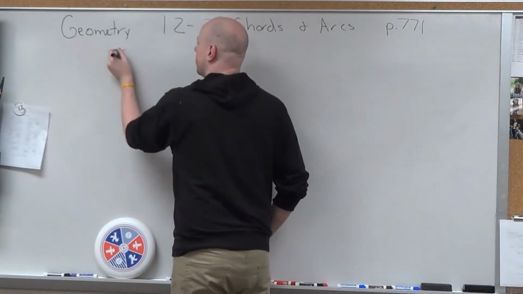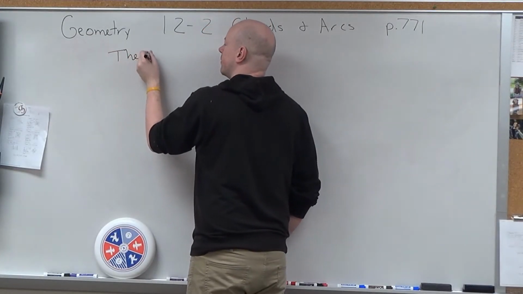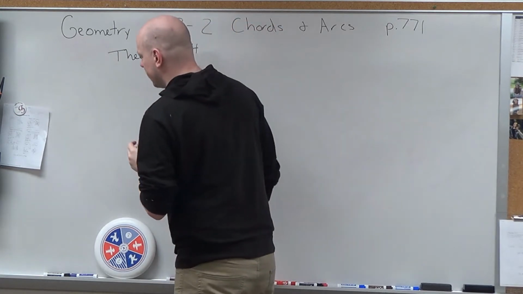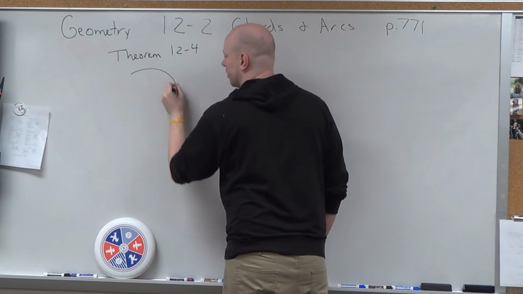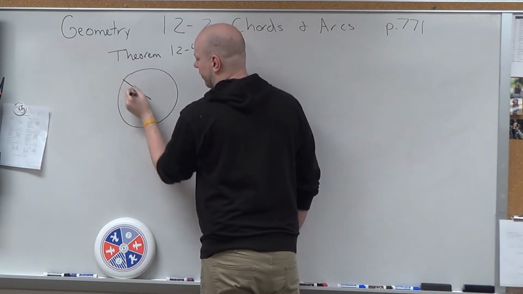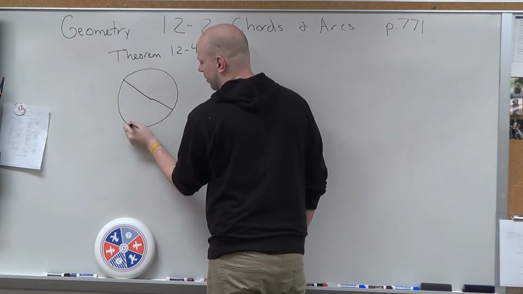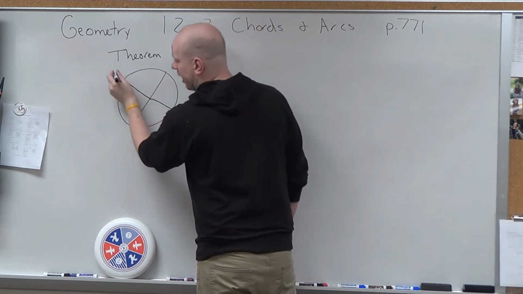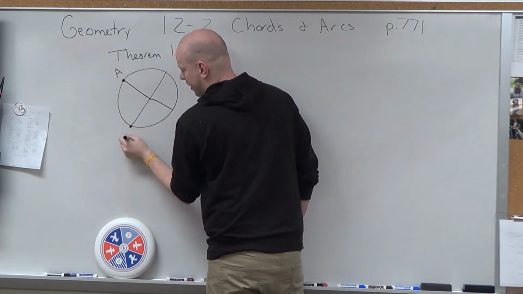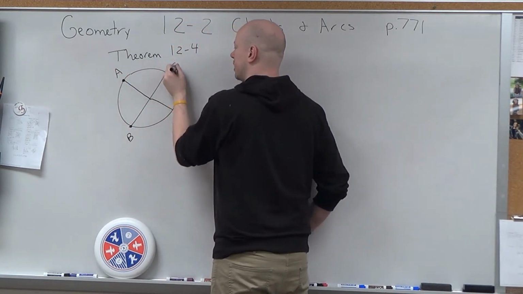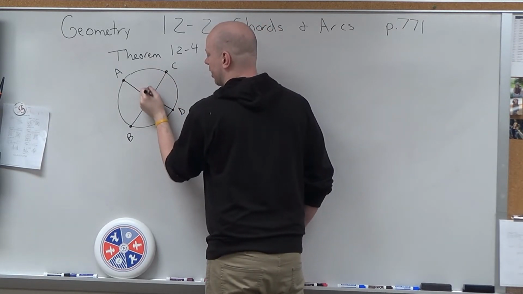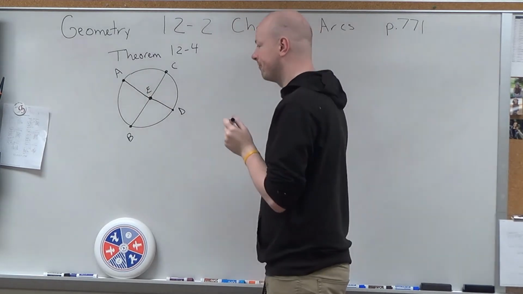So the first theorem, theorem 12-4, says that, let's see, if I have a circle, and let's say I have something like this, where I have A, B, C, D, and E, where E is my center.